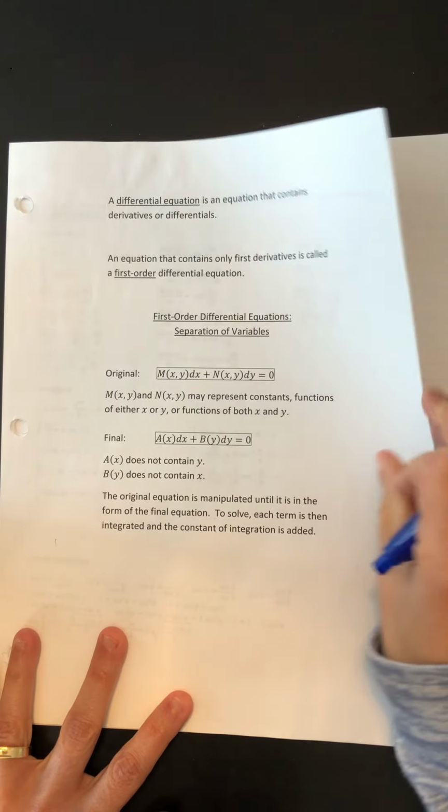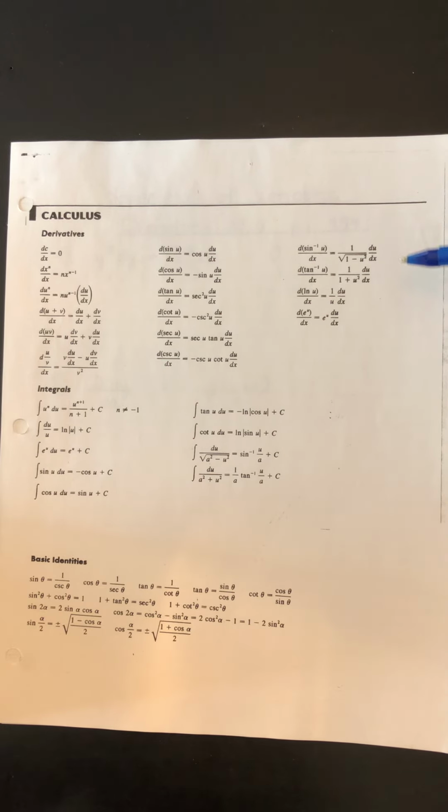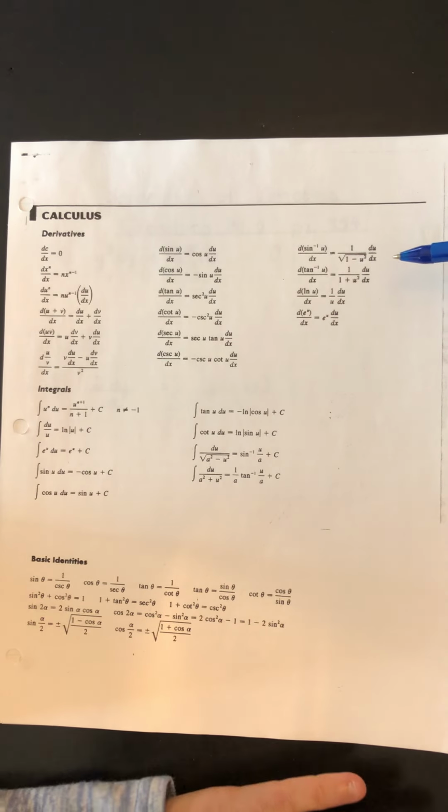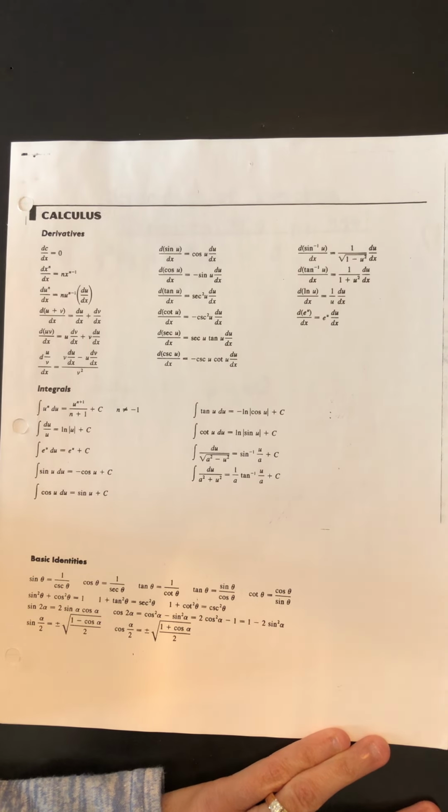Okay, so I'm going to show you also this page of formulas. I've put a copy for you in Blackboard for your reference, but essentially these are all inside the front and back covers of your textbook.